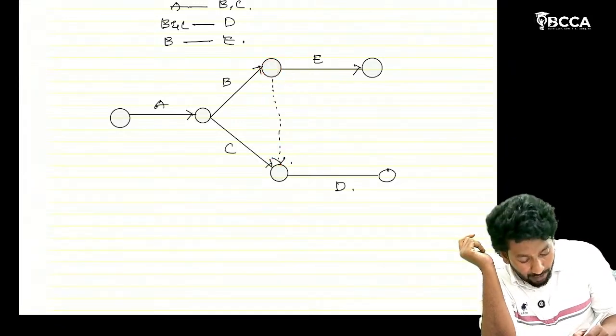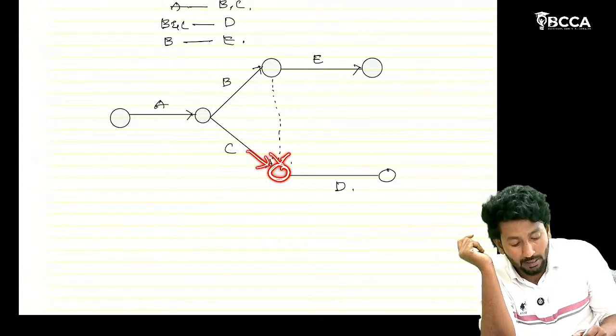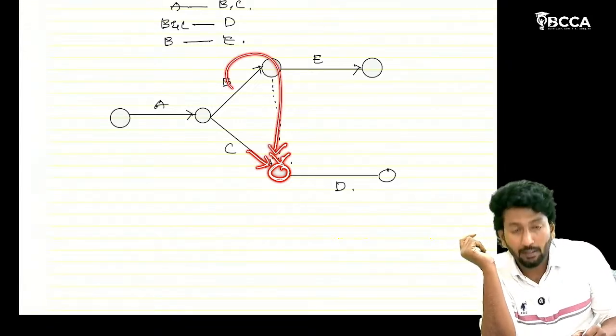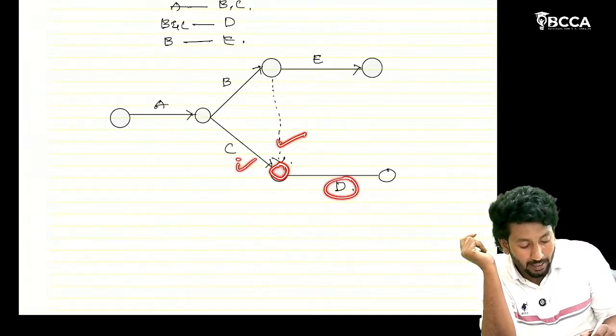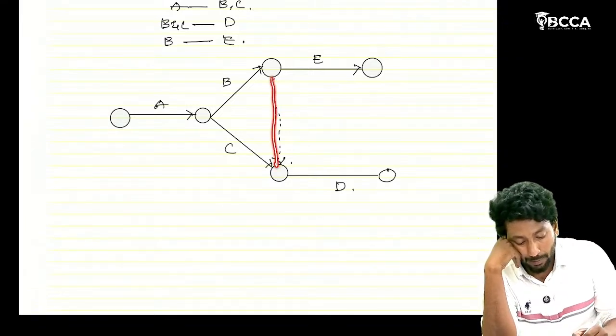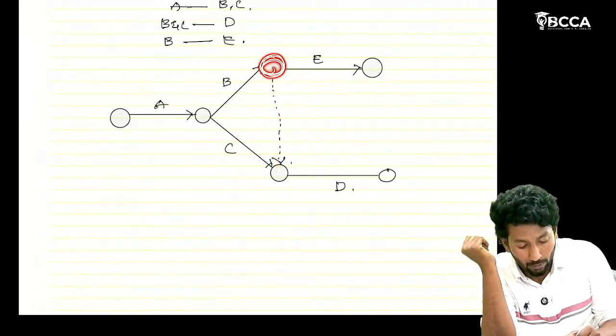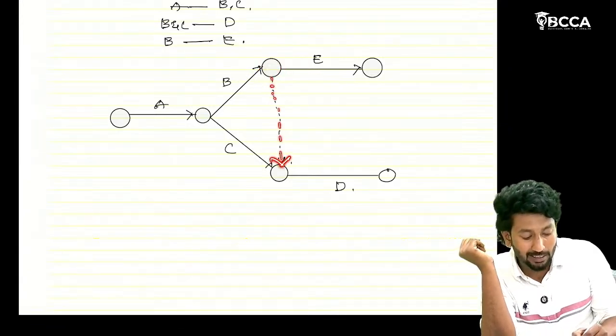That means at this event, C is ending as well as the dummy is ending. The dummy is ending means B is ending here. Okay, at this point C is ending, B is ending. After B and C end, D can start. Condition is satisfied, sir. Also, you should not consider the dummy after this, so here only B is ending. We should not consider the dummy, because the dummy is in this direction.